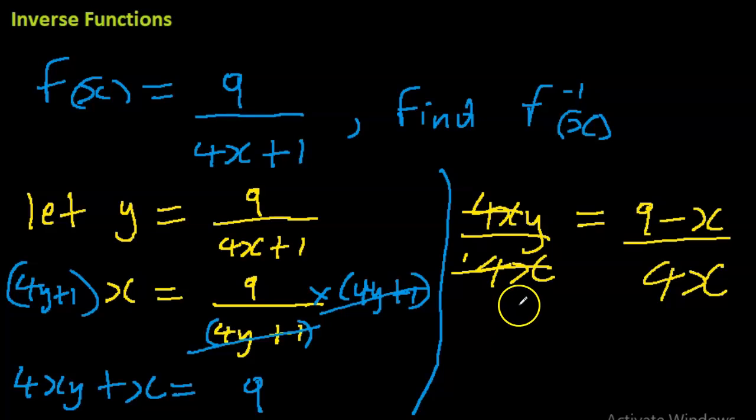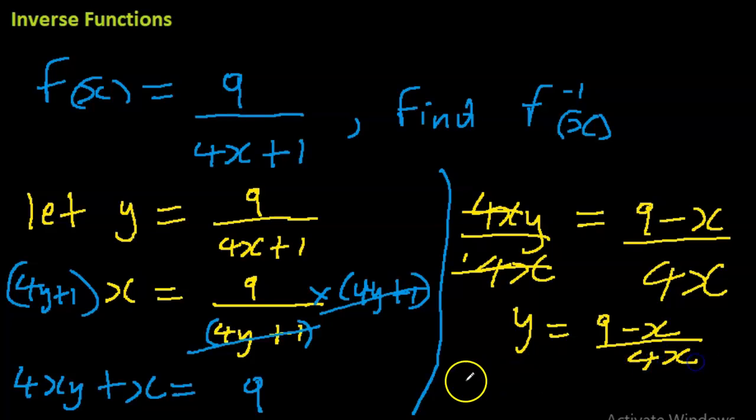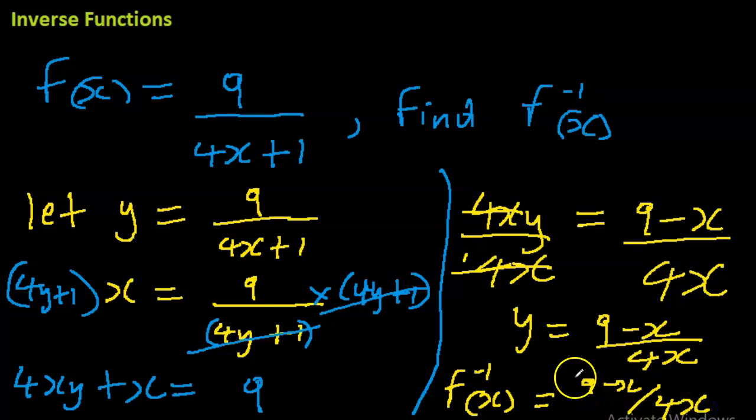So left with y. So y is 9 minus x over 4x. Which means that f inverse x is 9 minus x over 4x. Whatever you have for y, that's your f inverse x. 9 take away x over 4x.